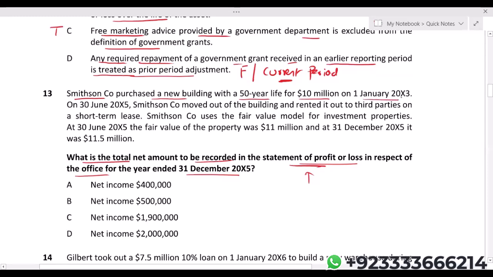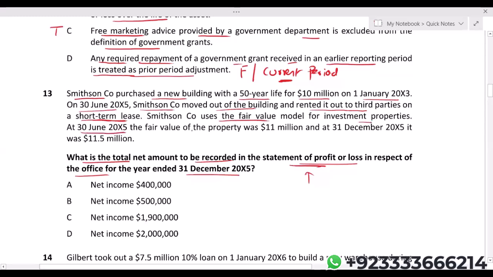On 30th June X5, Smithson's company moved out of the building and rented it out to a third party on a short term lease. Okay. Smithson Company purchased a new building with a 50-year life on January X5. Smithson moved out of the building and rented it out to a third party on a short lease. Smithson Company uses the fair value model for investment property.